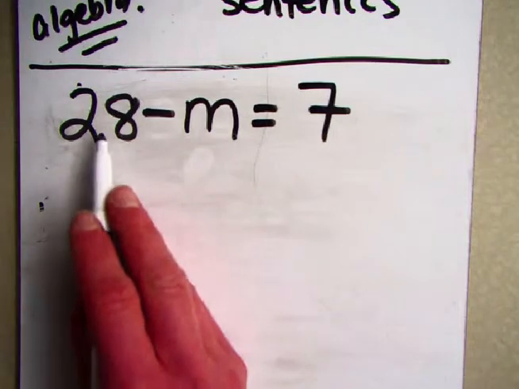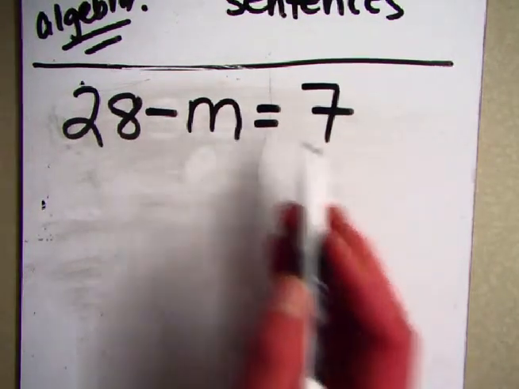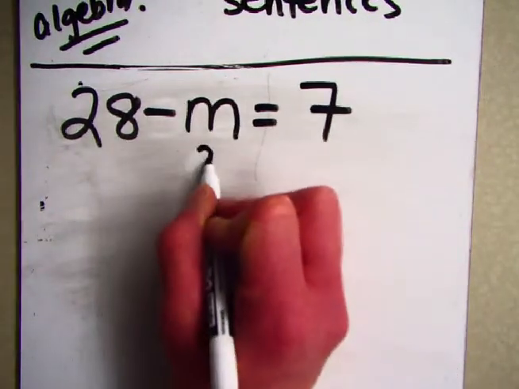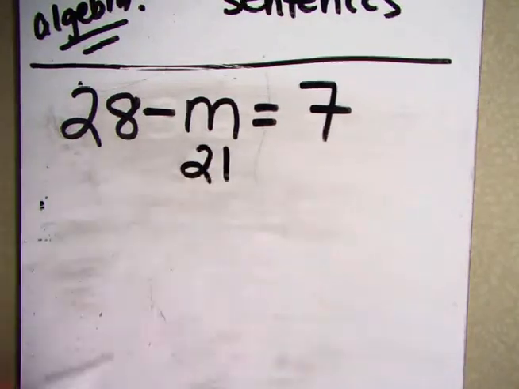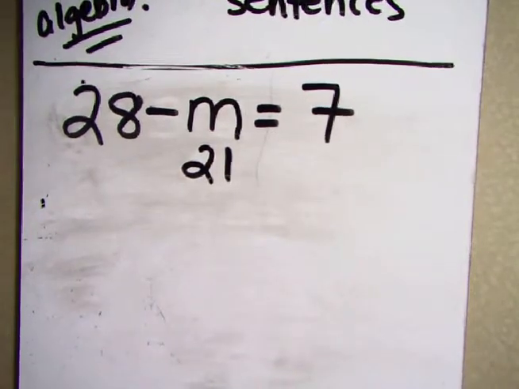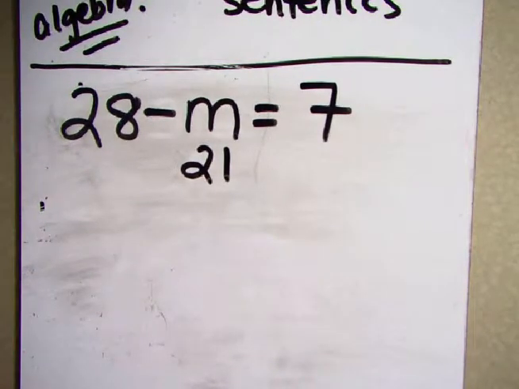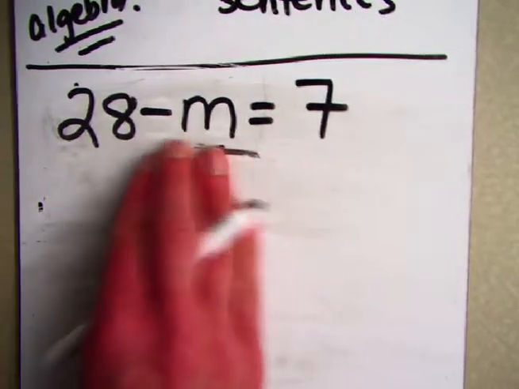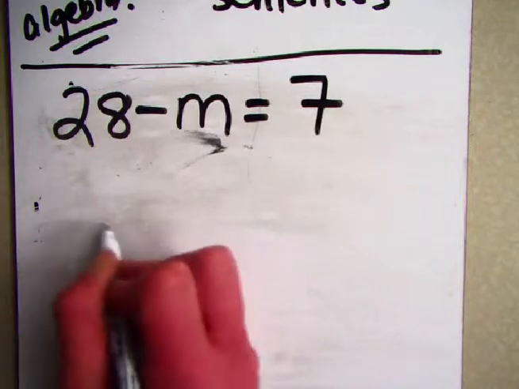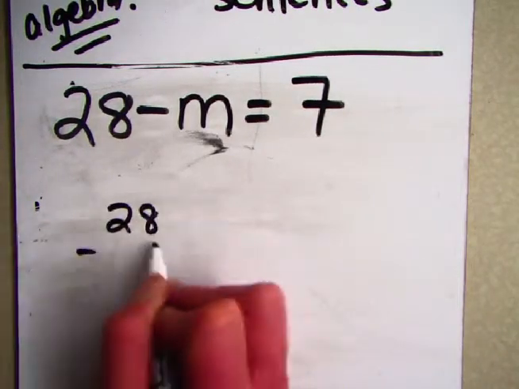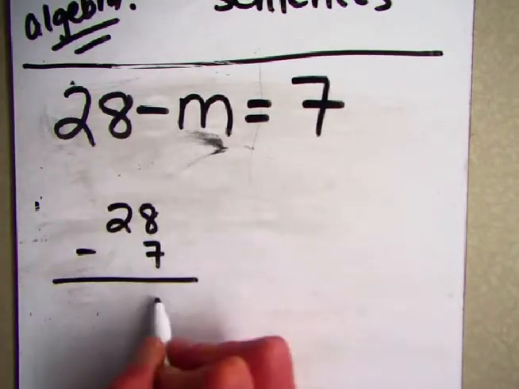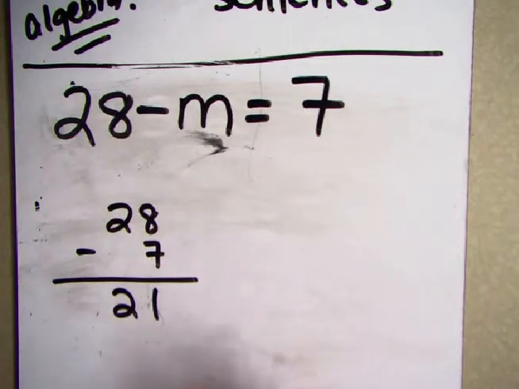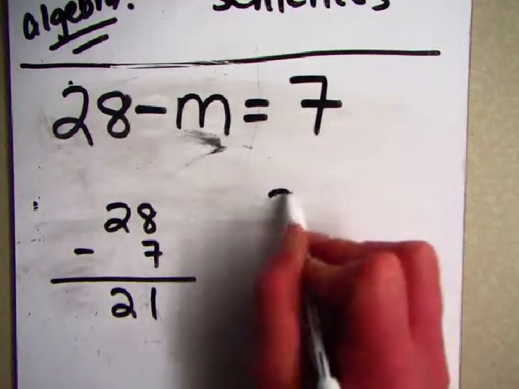And I know that 28 take away 21 is going to get me to 7, all right? A lot of this sometimes is just guessing too. Another thing you could have done is you could have brought the 7 over to the other side and subtracted. And then we'd check our work.